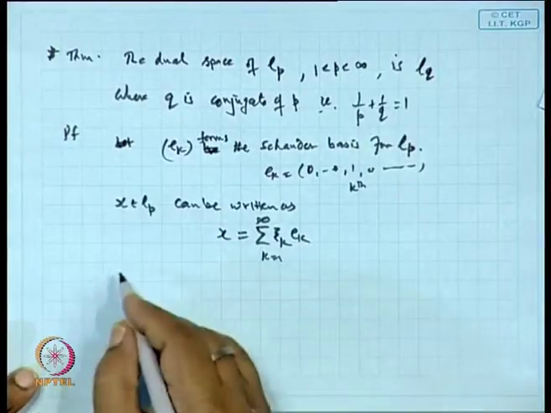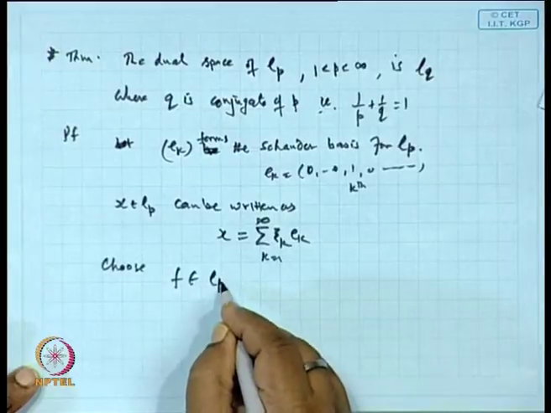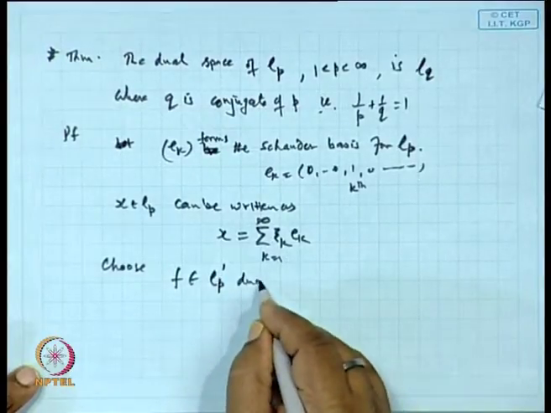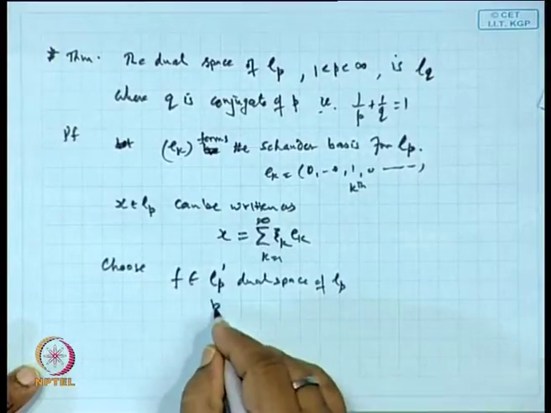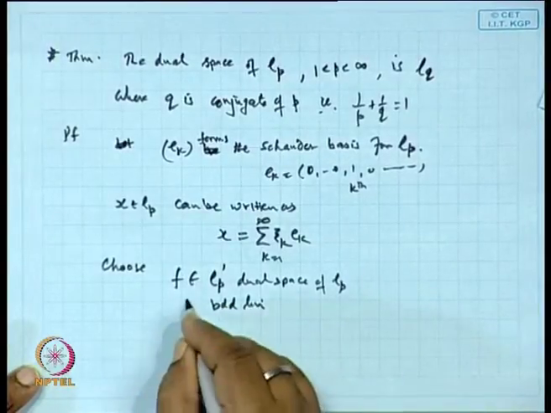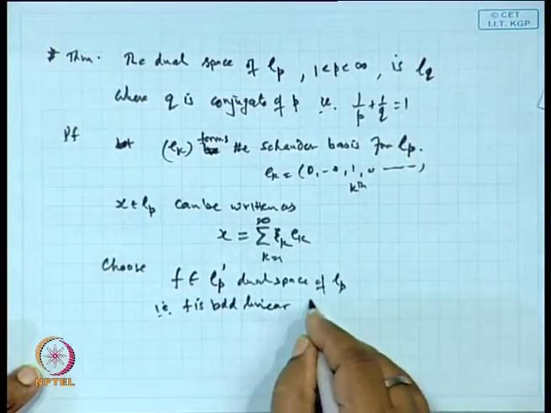Now, let us choose a point f in the dual space of LP. So, f is a bounded linear functional.